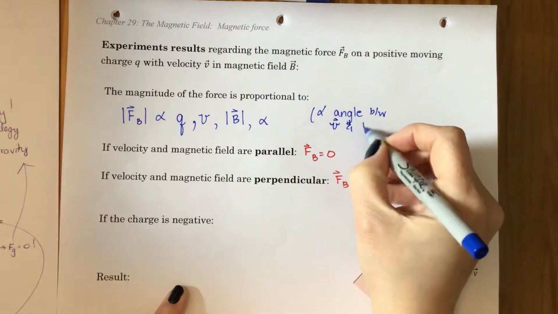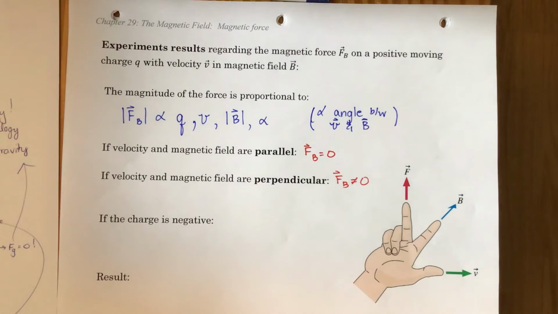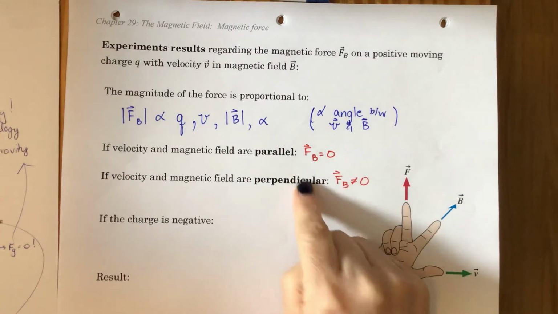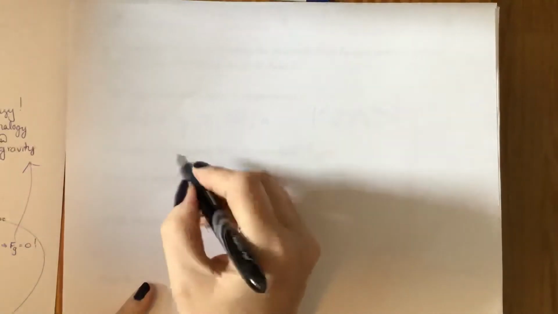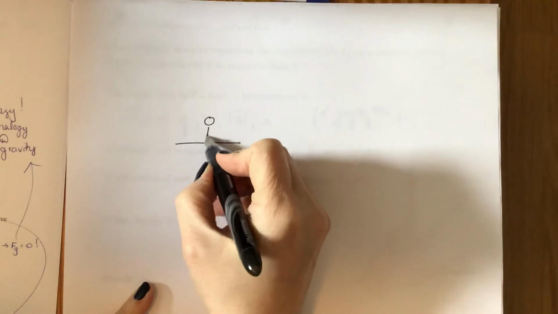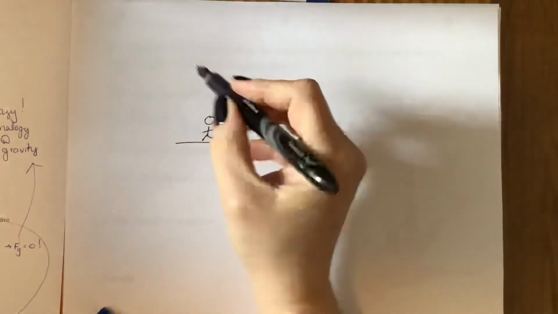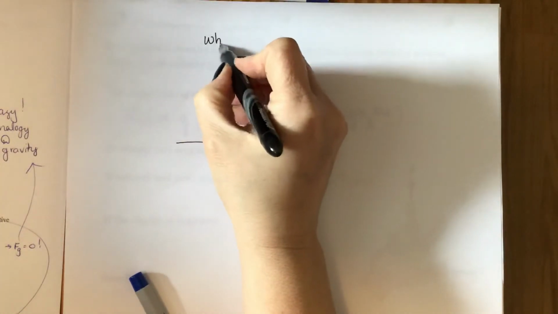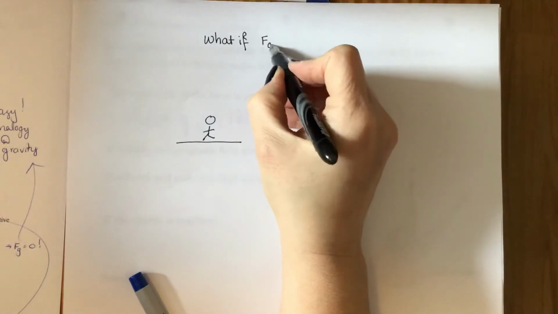Okay, that's worth stopping to think about just for a second. So let's see if we can put this in context of gravity. We can understand exactly what that means and what the impact is. Gravity is something we're familiar with all the time. So here we are, we're just standing still. What if the force due to gravity was like the force due to the magnetic field?